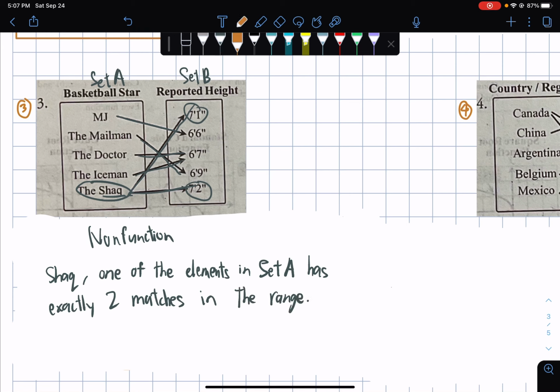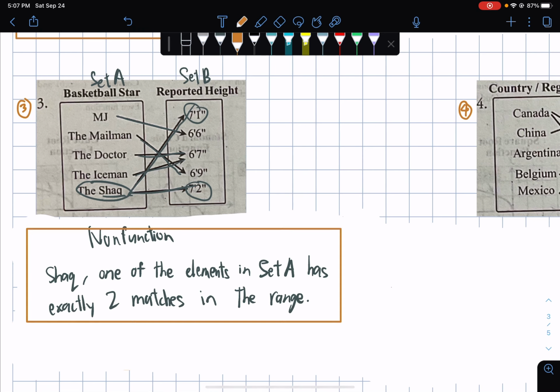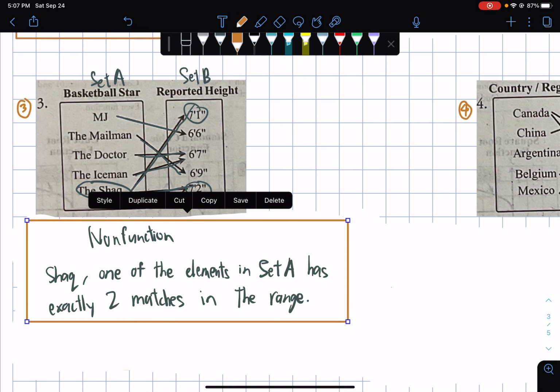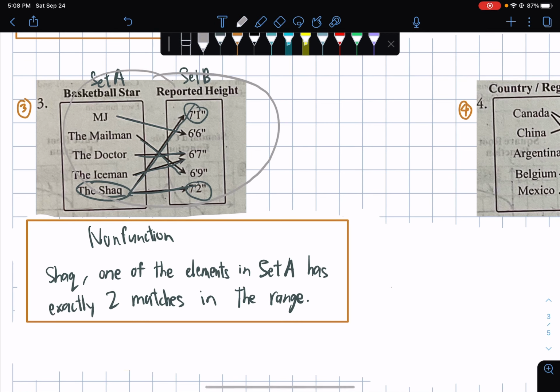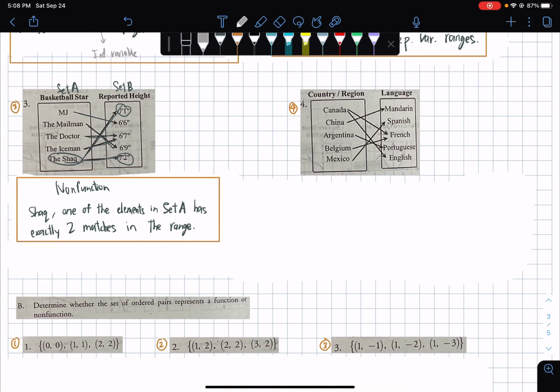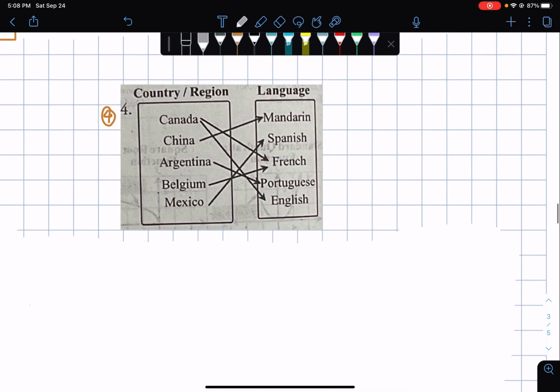So yeah, this is the reason why this particular table is a non-function. Right, let's move to number 4.